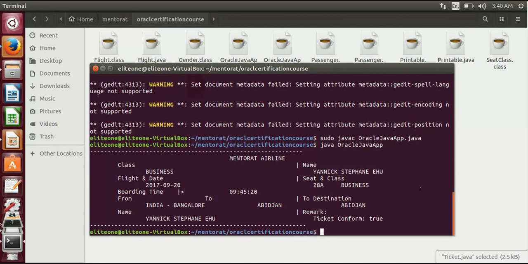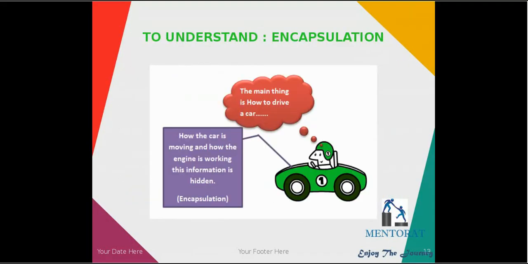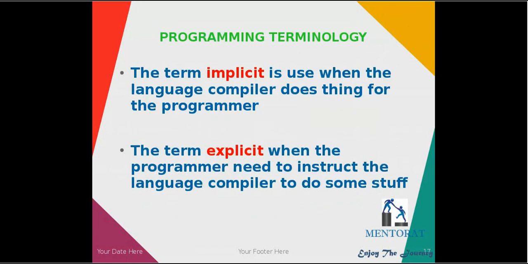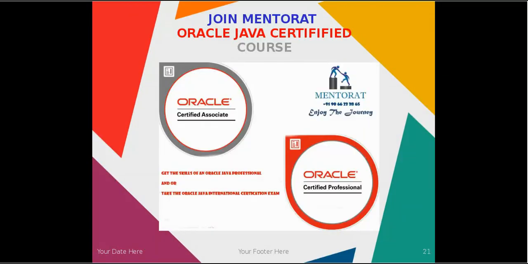I try to explain as I can, but we can go deep in every single thing there. So let's come back. Here is our course, Oracle Certified International Java Programmer 1 and Programmer 2.